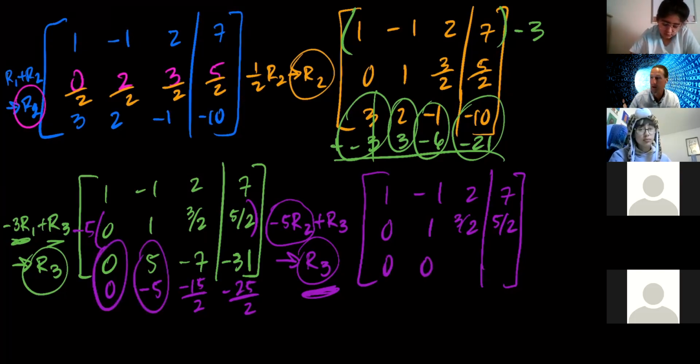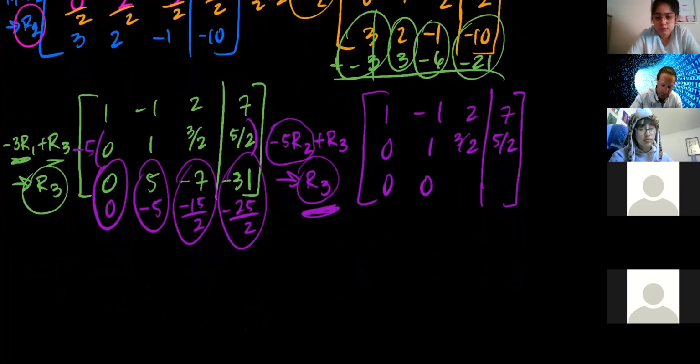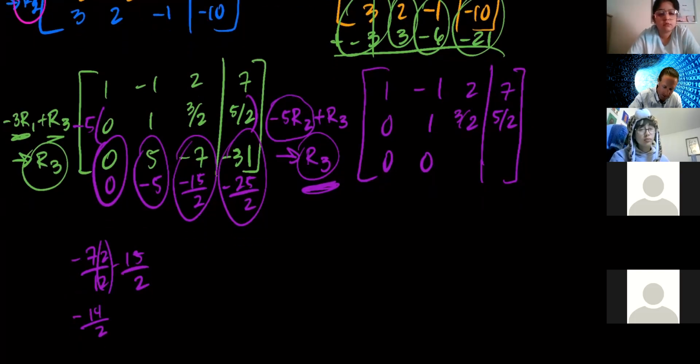That is also a 0, and that's why we did what we did. But this and this, we're going to have to go off to the side and do a little bit. -7 over 1. When I subtract 15 over 2, I'm going to have to multiply this by 2 over 2. My fancy one to get -14 over 2, still -7, right? Minus 15 over 2. So I get -29 halves.